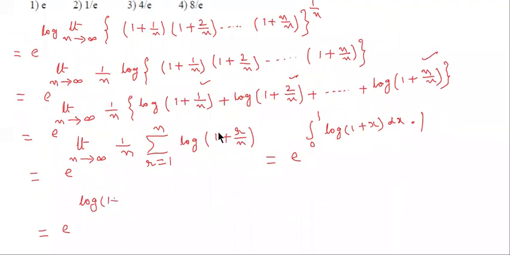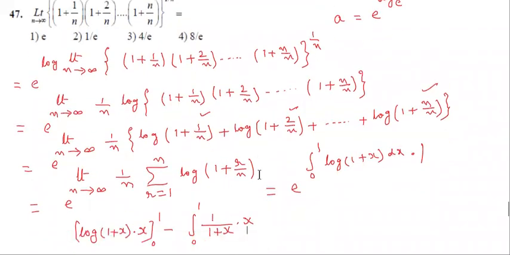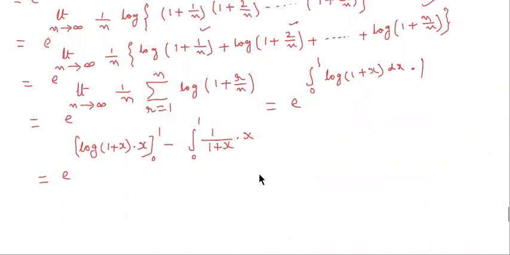Logarithm of 1 plus x into integration 1 dx, x, limit 0 to 1, minus integration 0 to 1 derivative of logarithm, 1 by 1 plus x, into integration 1 dx, x. Okay, there is no mistake. Now how to do this, students? Tell me.